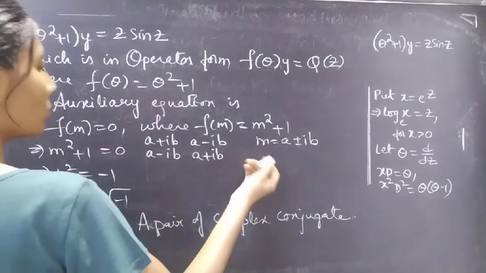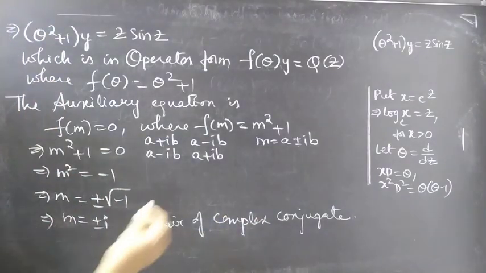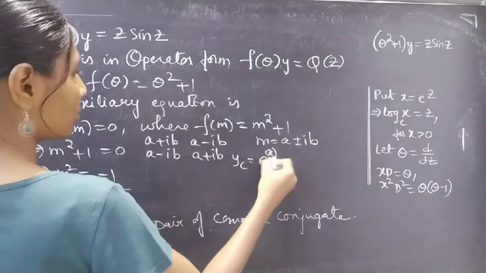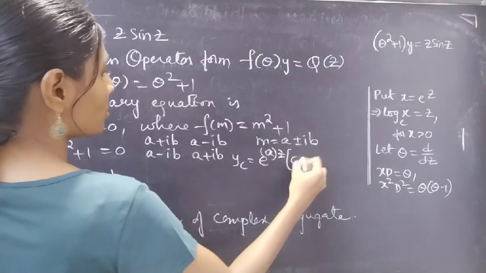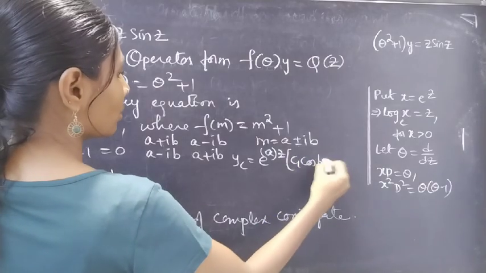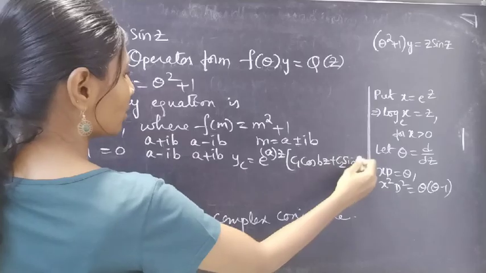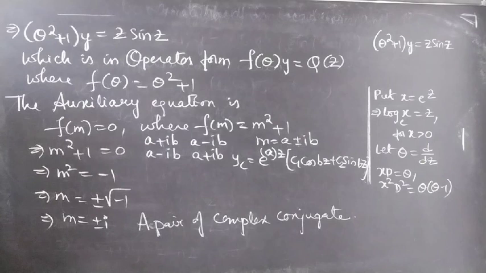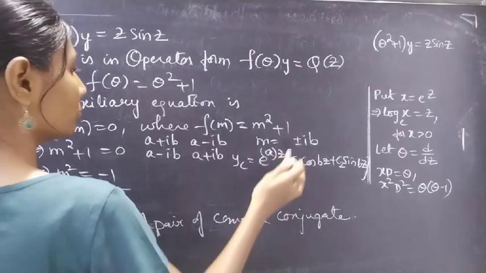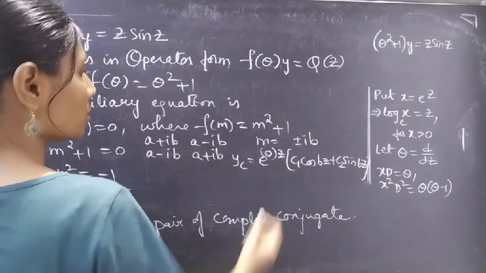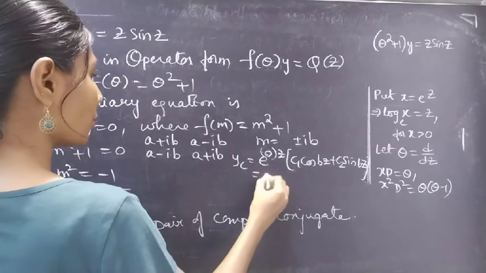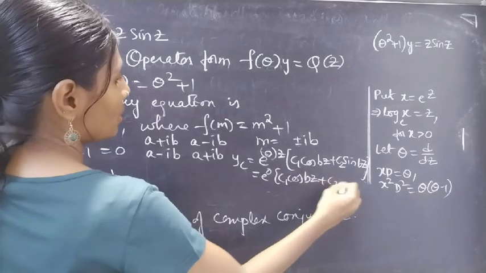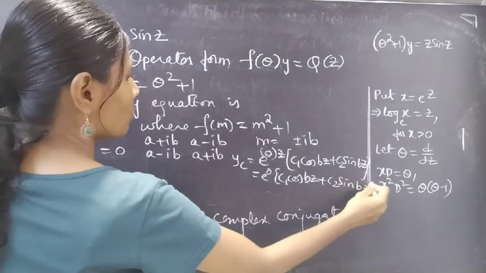When m = a ± ib, yc will be e^(az) (c1 cos bz + c2 sin bz). Okay. In case of a = 0, we'll get e^(0·z) (c1 cos bz + c2 sin bz).